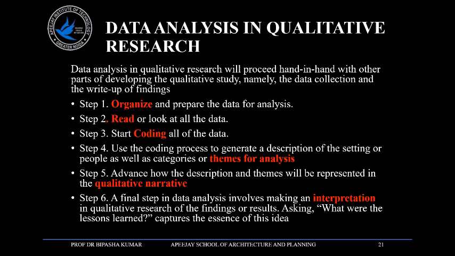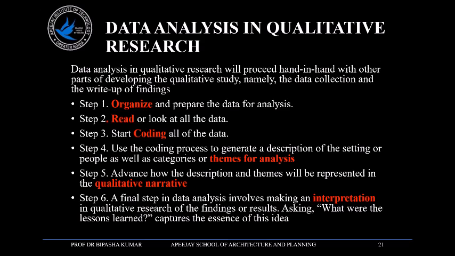It gives a general sense of information and an opportunity to reflect on its overall meaning. Step 3 is to start coding all of the data. How does it help? By coding, the different data which fall under different categories can be brought into some coherence with each other, and it becomes easy to compare.